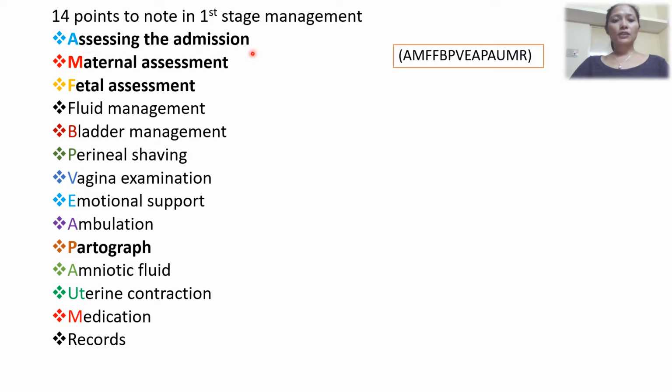So first one is assessing the admission. As we are taking the patient into the hospital, similar to that, the management of the first stage will be considered. So assessing admission should be done.